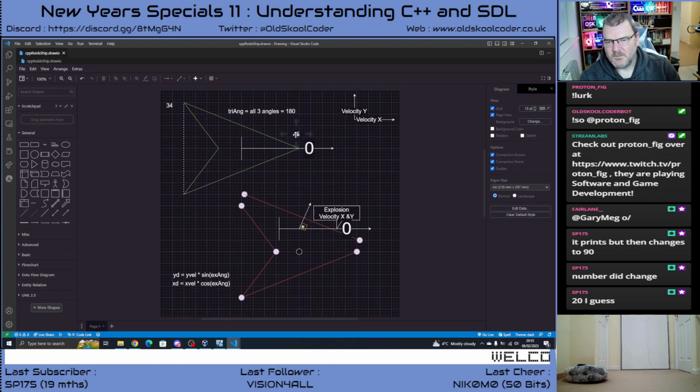Right. So that angle is 20. That rotation, because we got this line straight at 20 degrees.